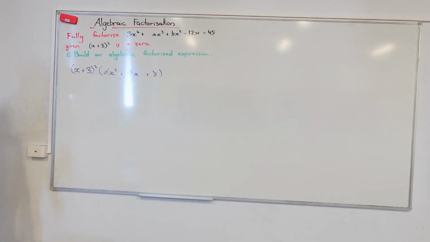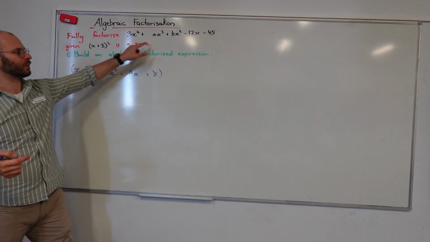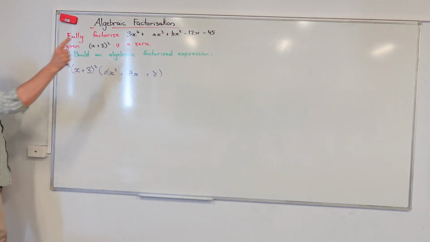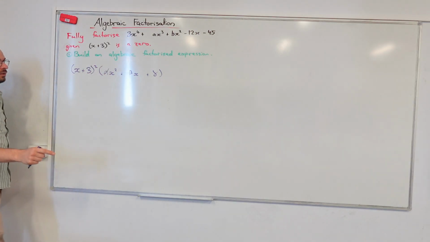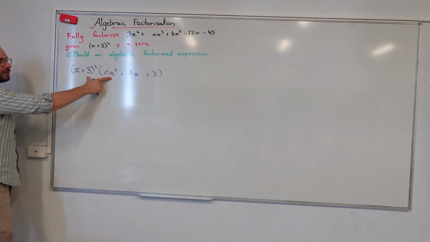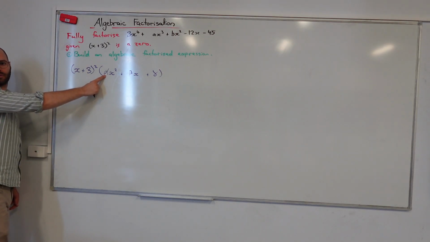Now we can do a little bit better with this because we need to think about it. Have a look at the values we know here and here. If we look at the coefficient on the fourth order term, it's 3. If we expanded this out, what would our coefficient on the fourth order term be?